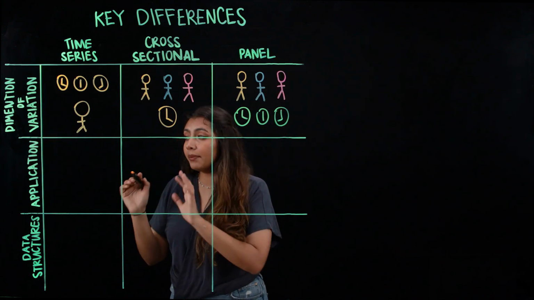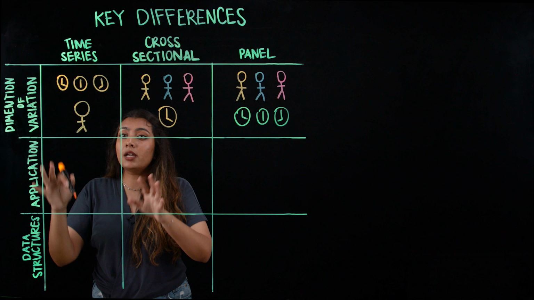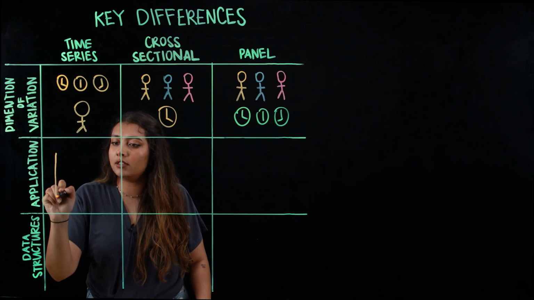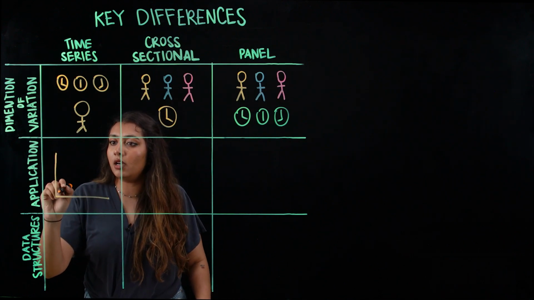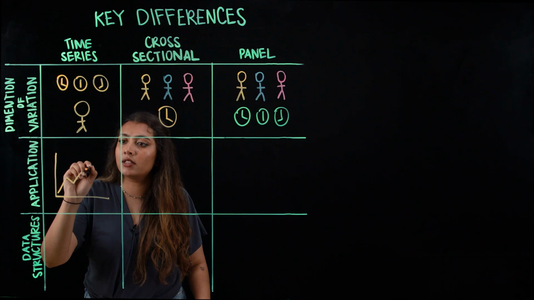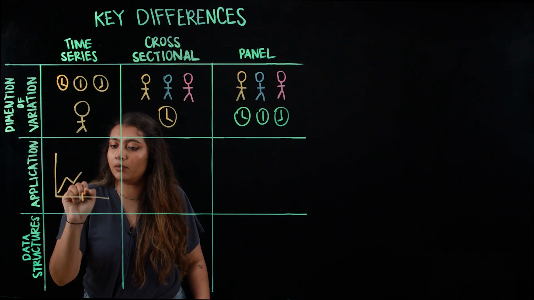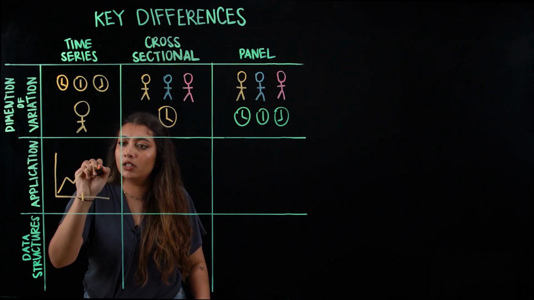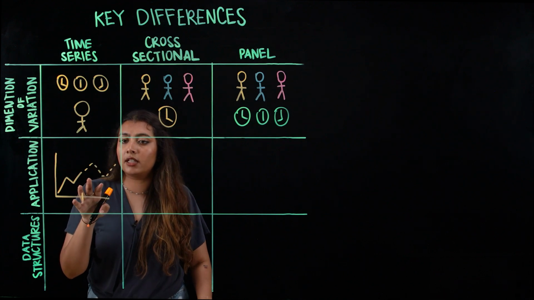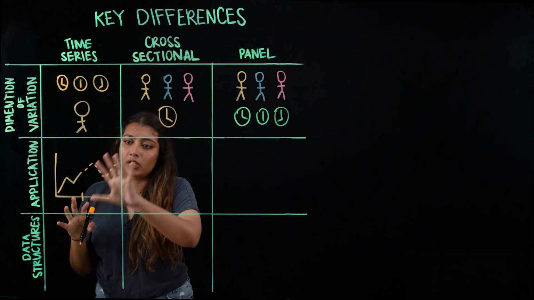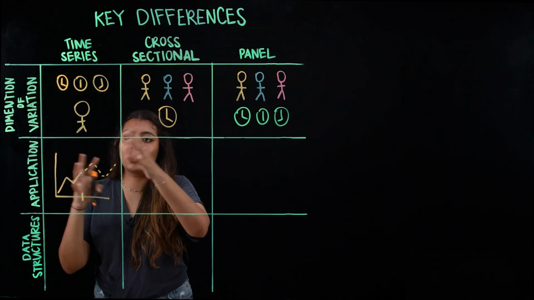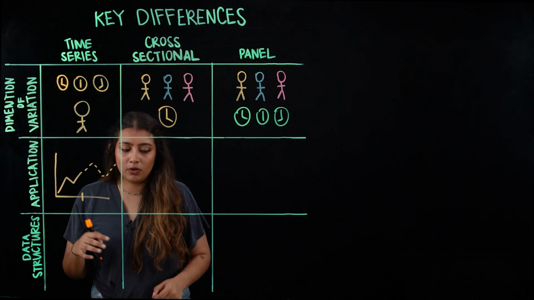Now, for applications, our time series is going to look kind of like maybe a trend or forecast, and then we have a break here, and then from here on, we're trying kind of forecasting what maybe the stock market or maybe the cost of gas might look like, right?